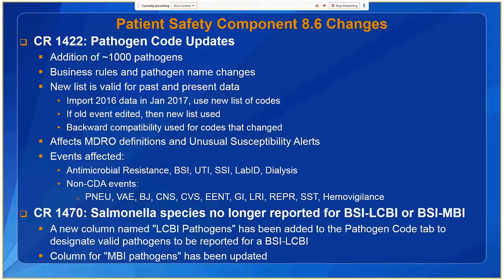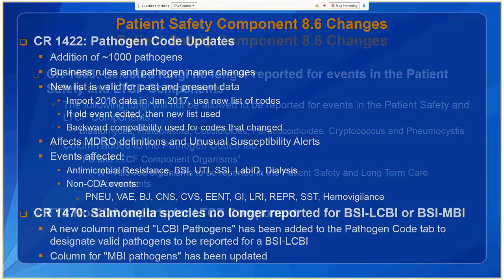CR 1470, Salmonella species no longer reported for BSI and LCBI or BSI MBI. So we added a new column named LCBI to the IDM, and so that's what you need to go by. X means to include. And then also the column for the MBI pathogens has been updated.